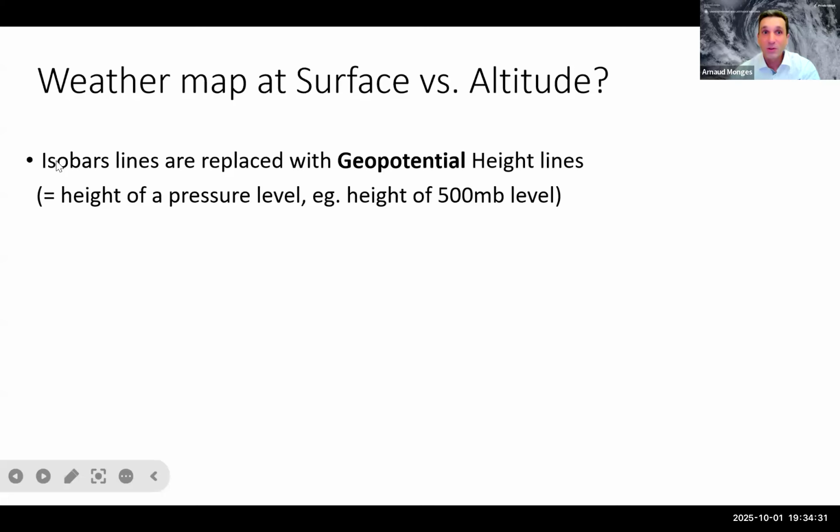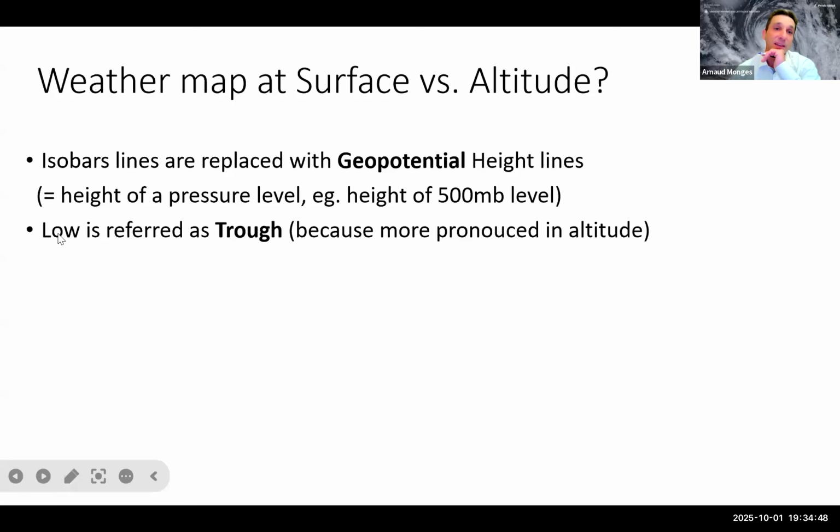At the surface, we talk about isobars, but in the altitude, we talk about geopotential height. A geopotential height just means the height of a pressure level. For example, the height of the 500 millibar level. Another difference is that in altitude, we don't really talk about low, we talk about trough.